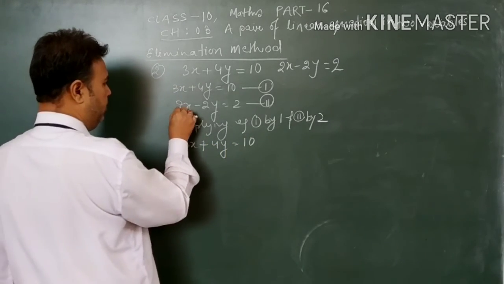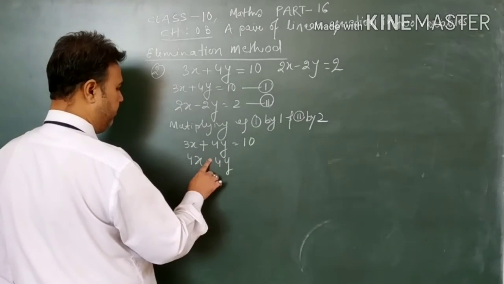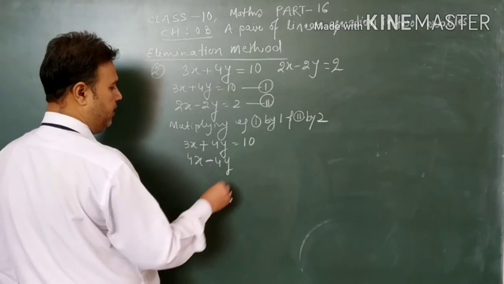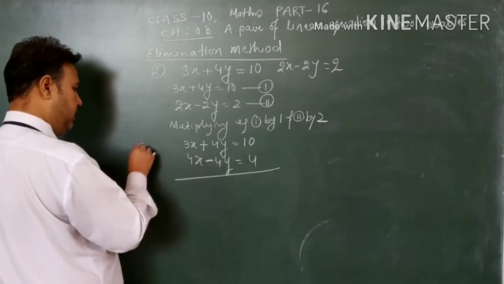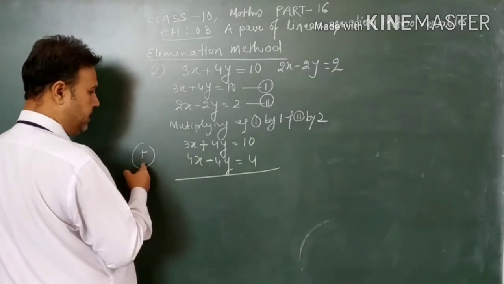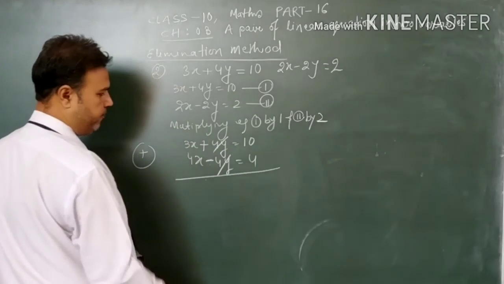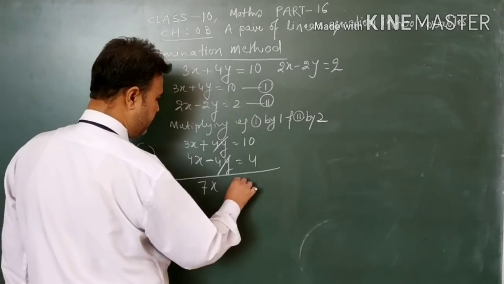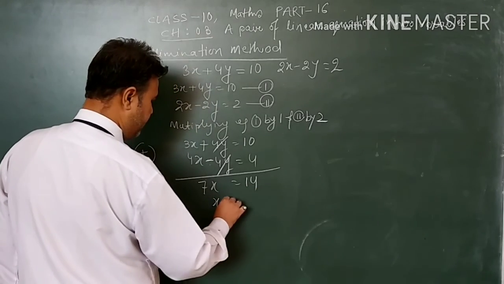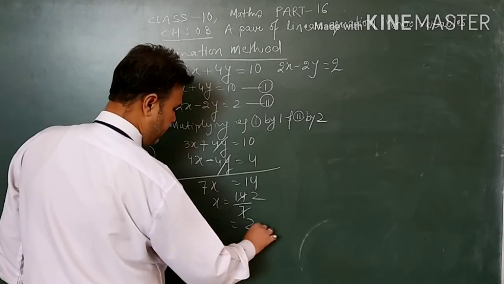Now 2 into 2x is 4x, 2 into minus 2y is minus 4y, 2 into 2 is 4. Signs are different, so plus. So 3 plus 4, 7x is equal to 14. x is equal to 14 upon 7. x is equal to 2.